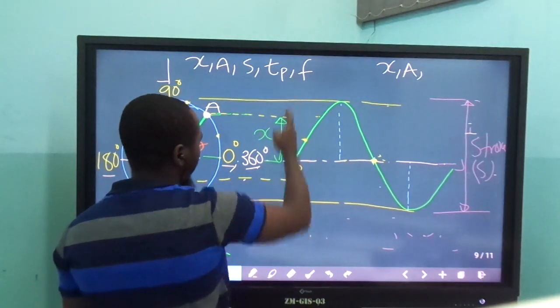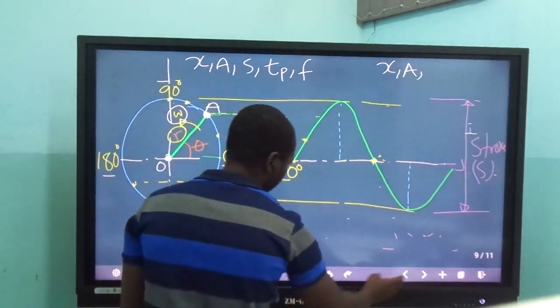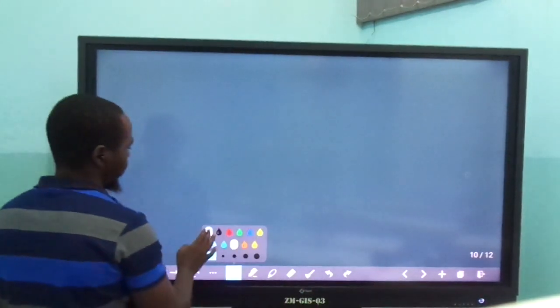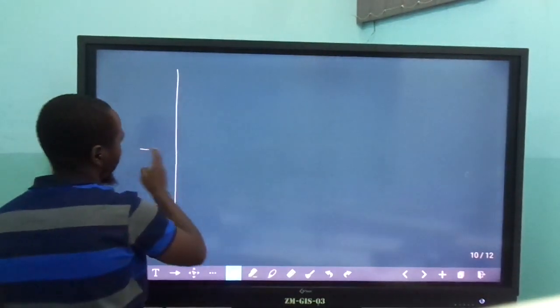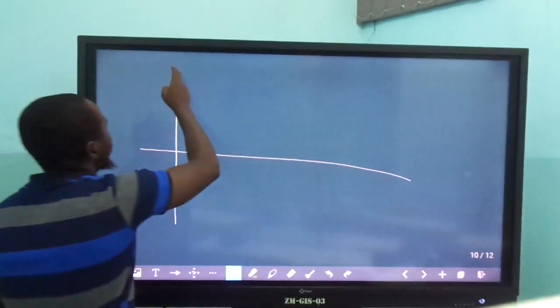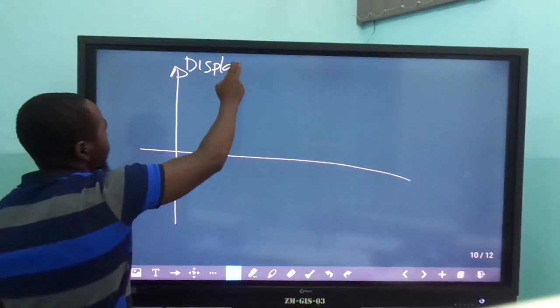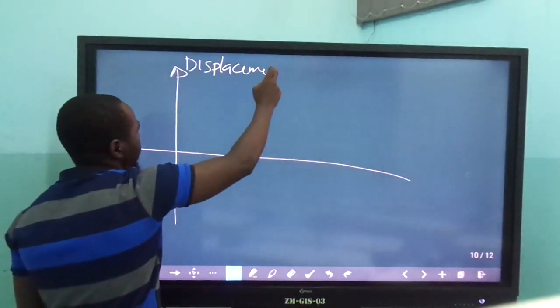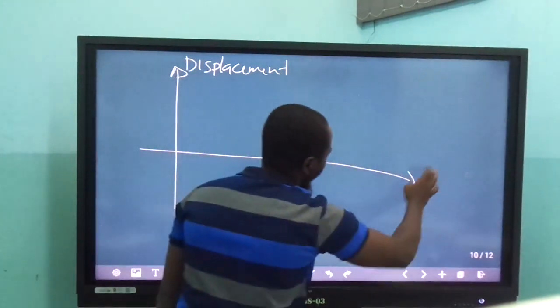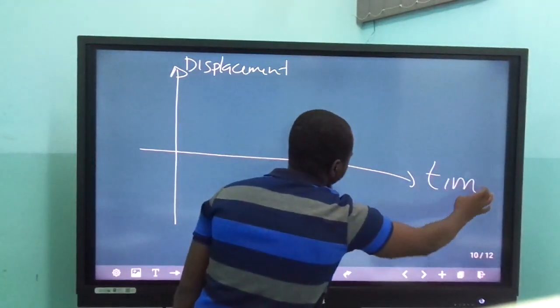So on the vertical, we have the displacement, and on the horizontal, we have got time.